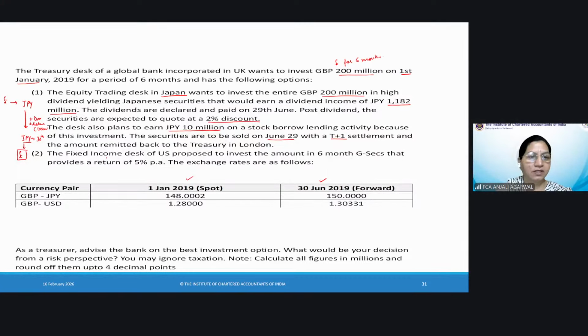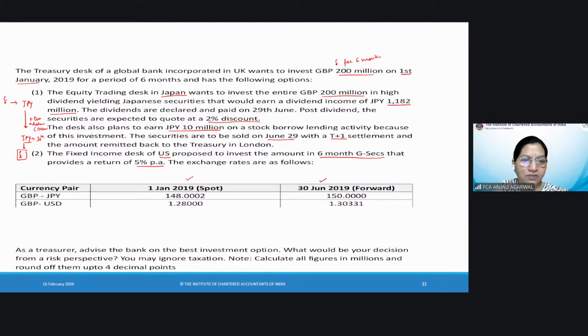The second alternative is a fixed income desk of US. Second alternative is to invest in US. This will be again invested for 6 months in G6. G6 is the government securities or the treasury securities, and they provide a return of 5% per annum. The exchange rates are as follows: 1.28 and 1.30331.